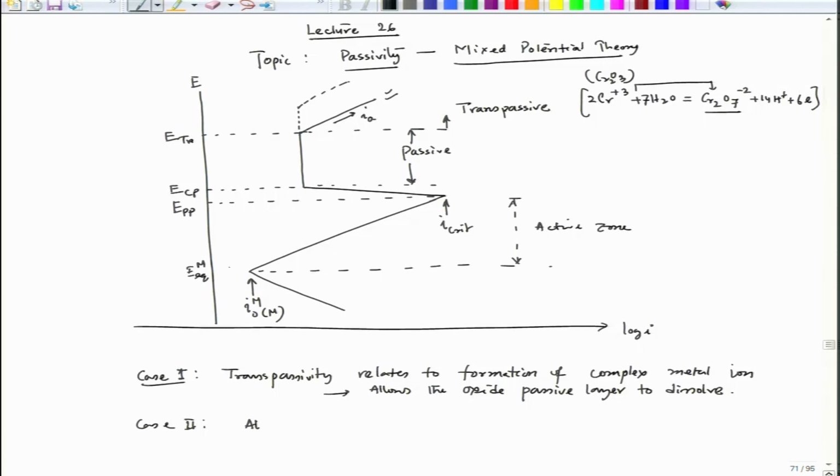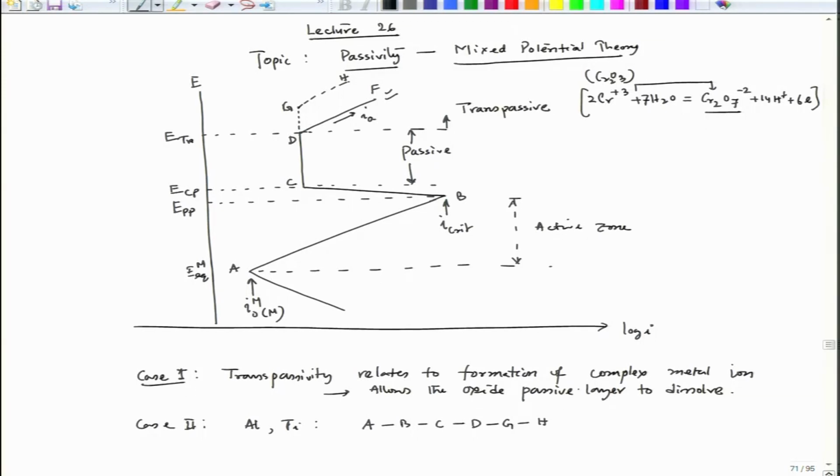Let me pinpoint those points: this is A, B, C, D, E. I am not using E because E is expressed as potential, so I can mention F, then G, H. In case of aluminum or titanium, if we forcefully take that metal to a positive, anodic polarization, the polarization line can go A, B, C, D, G and H.